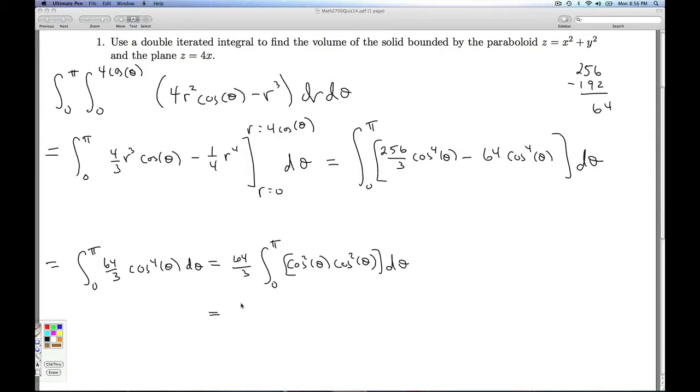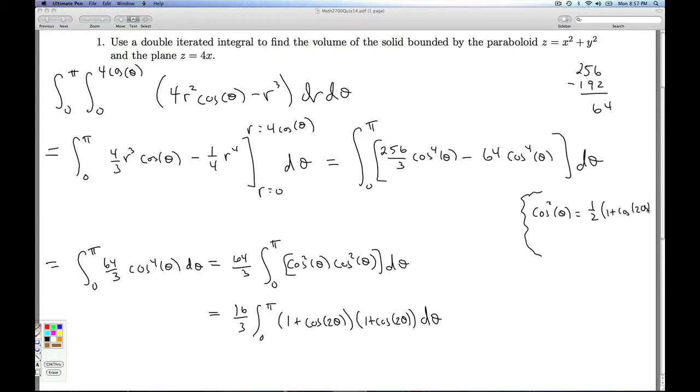That's going to knock this down to 16 thirds, integral 0 to pi, of 1 plus cosine 2 theta, squared, d theta. So just so you remember what we're doing here, these are our power reduction formulas: cosine squared theta is 1/2 times 1 plus cosine 2 theta.